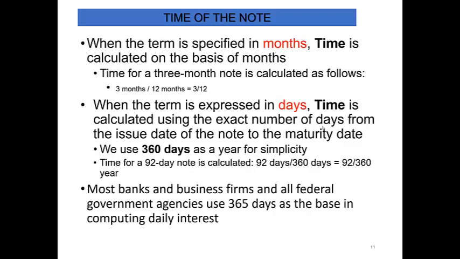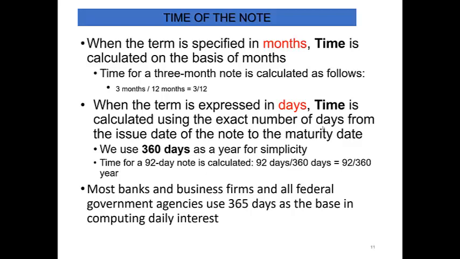When the term is specified in months, the time will be calculated on the basis of months. For example, if it's a 3-month note, you would enter a fraction of 3/12. That's 3 out of 12 months. If the term is expressed in days, we're going to use the number of days divided by 360 days.